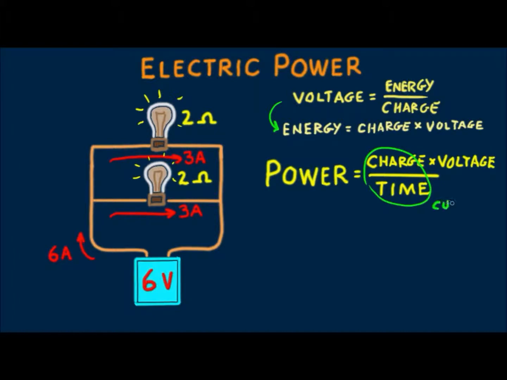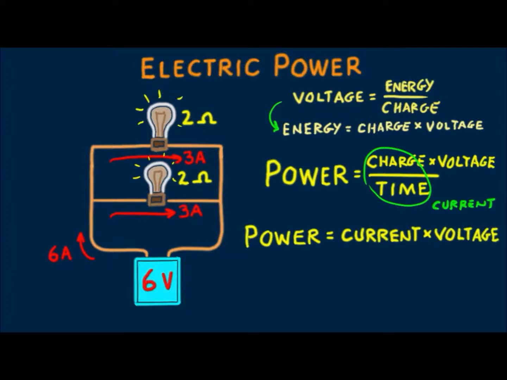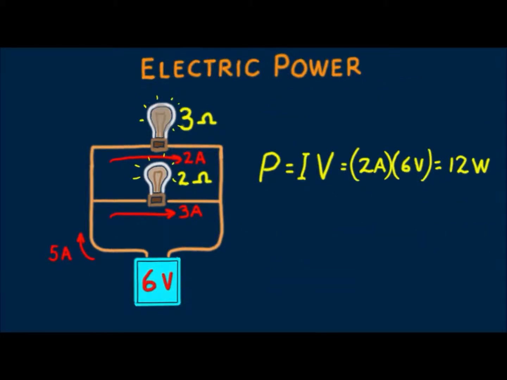But charge per time is current. So we get power equals current times voltage. In shorthand notation, we say P equals IV. There are other equations for electric power. Let's take a look.